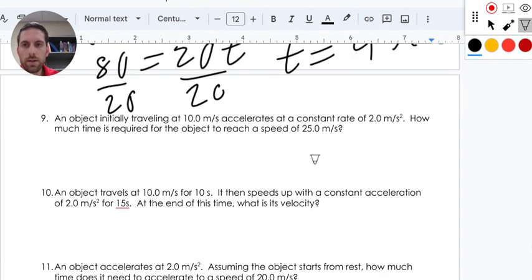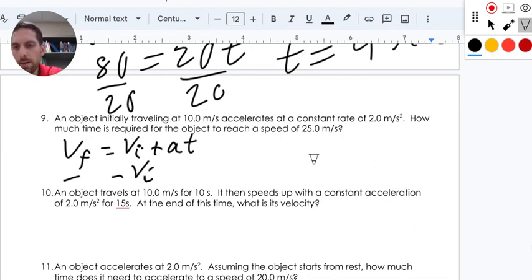All right, number 9, an object initially traveling with v initial 10 at a constant rate a of 2 meters per second squared, and we want v final. So it's asking how much time. Let's use our equation. Vf minus Vi equals a t.